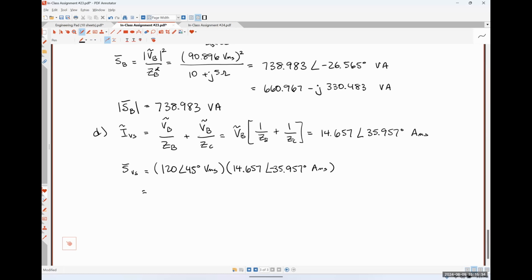And so 120 angle 45 multiplied by the conjugate of my prior answer gives me 1,758.787 angle 9.043 degrees.